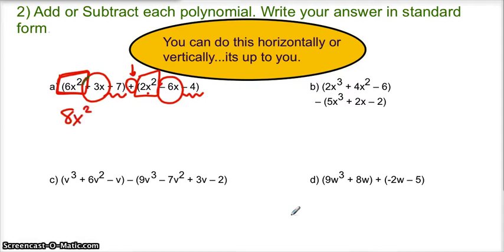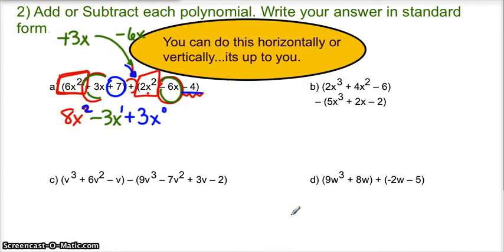If I take my positive 3x and add it to my negative 6x, I end up with a negative 3x. And then, I gotta erase to see this, I have a positive 7 added to a negative 4. So 7 plus negative 4 is a positive 3. My answers are written in standard form because my exponents go from highest exponent down to lowest exponent.